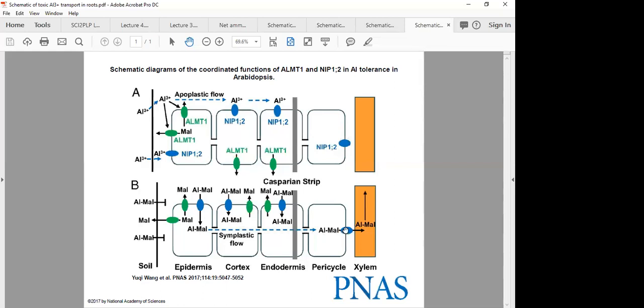Here we go, aluminium malate complex, transported through the NIP12 transmembrane protein, loaded into the xylem, and then it's transported up to the leaves, and there it's stored in the vacuole in the leaf cells. And of course, the aluminium malate complex can even be stored in the vacuoles in the root cells as well. So that's basically one way.